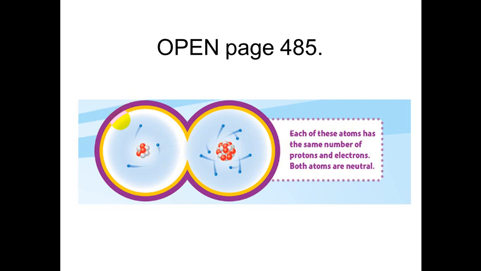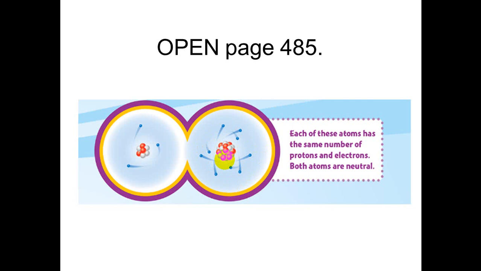The left atom has 3 protons and 3 electrons, so positive 3 protons and minus 3 electrons. The atom on the right has positive 9 protons and minus 9 electrons. So each of these atoms has the same number of protons and electrons.